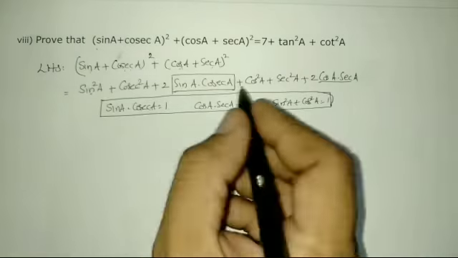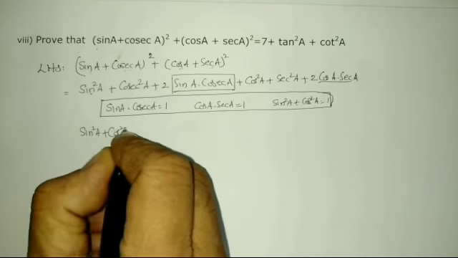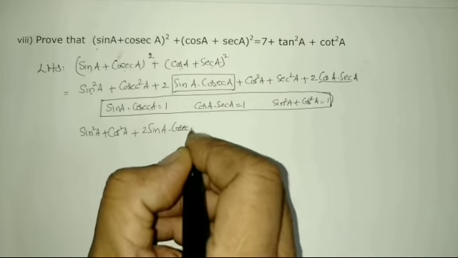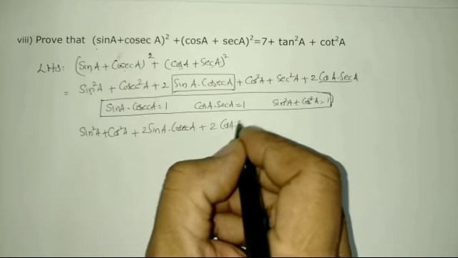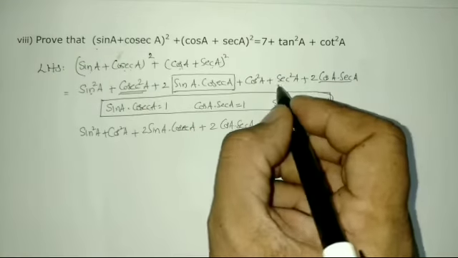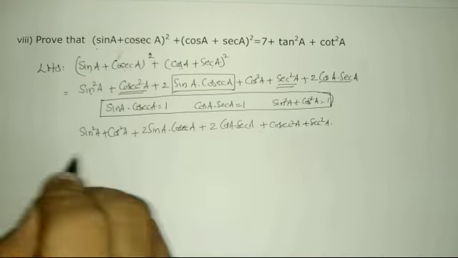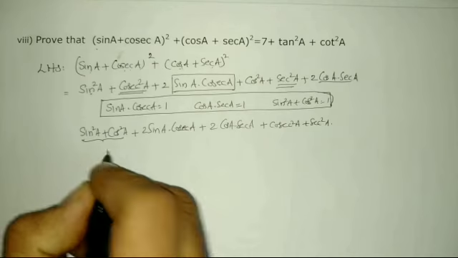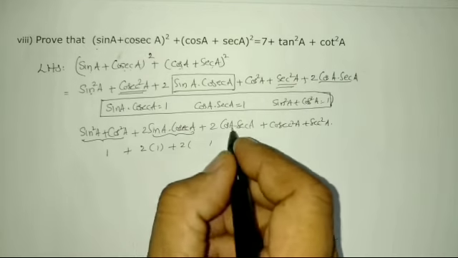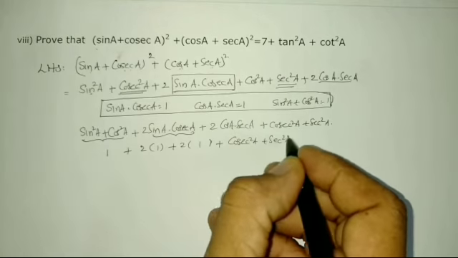So now I am going to rewrite this: sin square A plus cos square A plus 2 sin A into cosecant A plus 2 cos A into secant A plus the remaining two terms, cosecant square A plus secant square A. Now for these we write 1, 2 into 1, 2 into 1, plus cosecant square A plus secant square A.